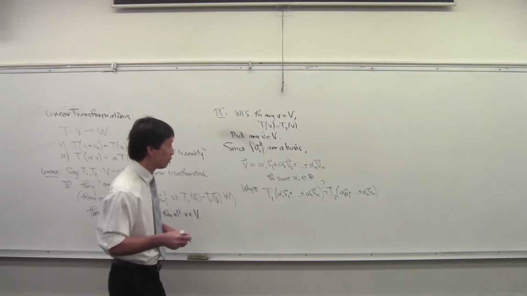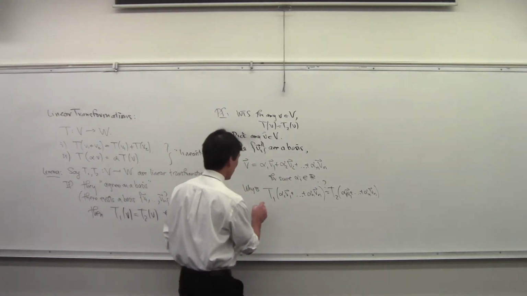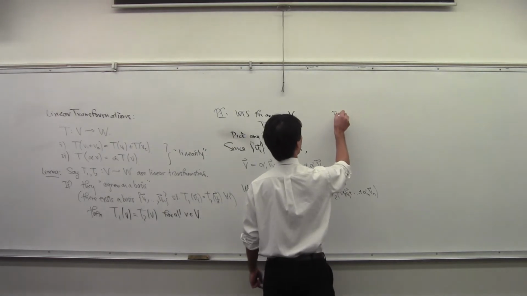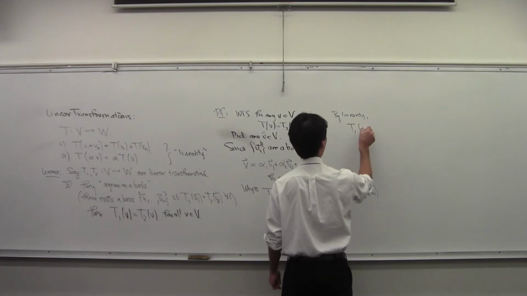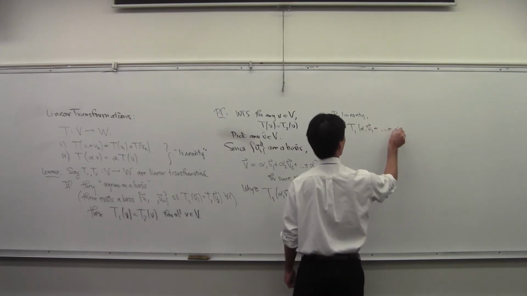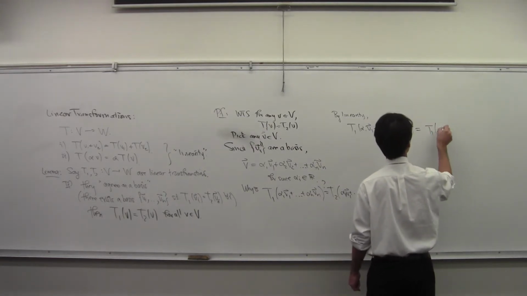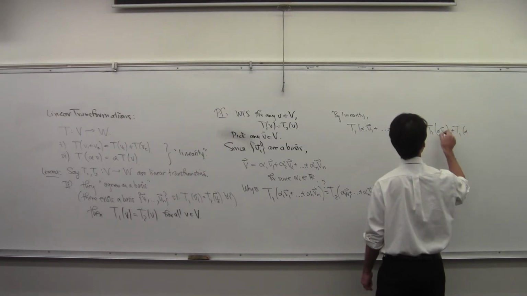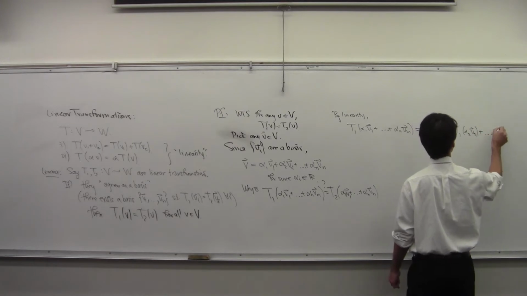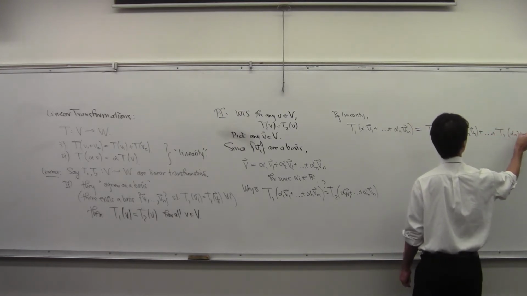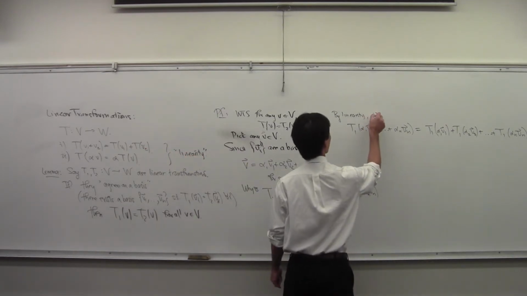Okay, great. So you say, well, look, by linearity I can break this up. By linearity, T1 of alpha 1 V1 plus ... plus alpha n Vn equals T1 of alpha 1 V1 plus alpha 2 V2 plus T1 of alpha n Vn, by the first part of linearity.